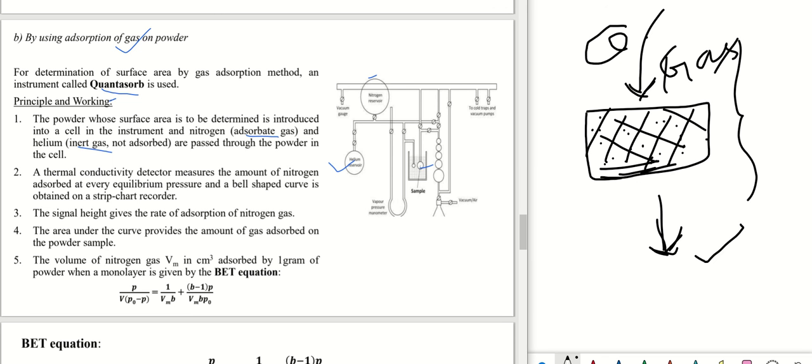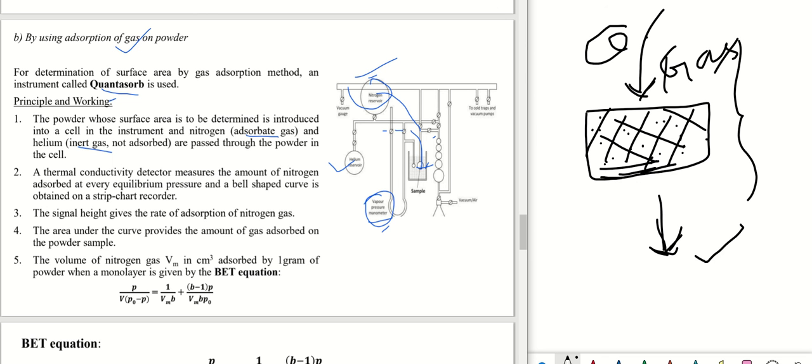Now through this valve, nitrogen is sent into the sample holder. We have many valves, and in this instrument we can also see manometers. A manometer is an instrument that detects the change in the pressure of a gas. So the initial pressure of the nitrogen is noted in this reservoir. How much gas is present and the pressure exerted by that amount of gas is noted.